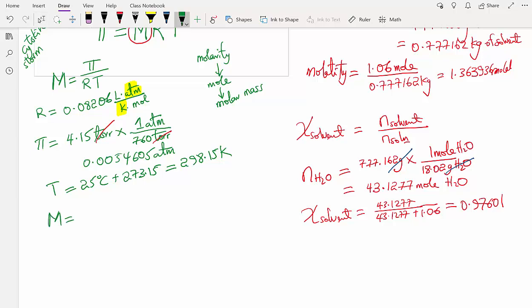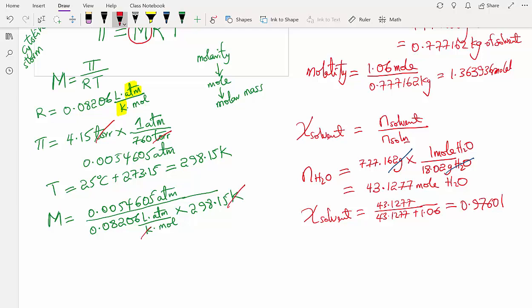Molarity will be equal to the osmotic pressure, which is 0.0054605 atmosphere, divided by the molar gas constant, 0.08206 liter atmosphere per Kelvin per mole, multiplied by the temperature, which is 298.15 Kelvin.